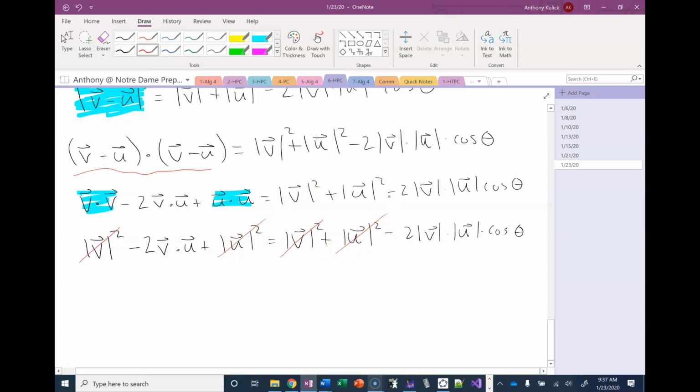And remember, we're interested in the angle between these two vectors, so I'm interested in solving for theta here, right? So now I'm just going to divide both sides by -2 magnitude of v times magnitude of u.